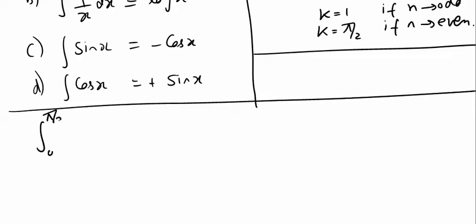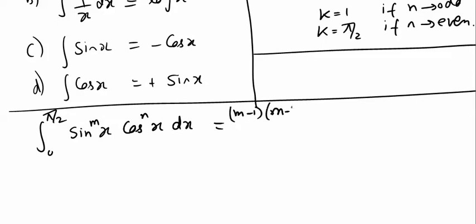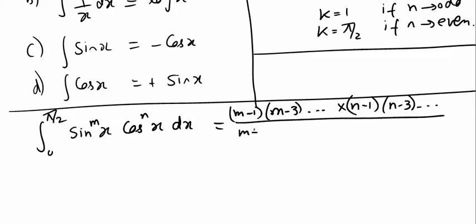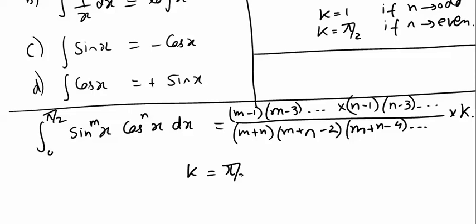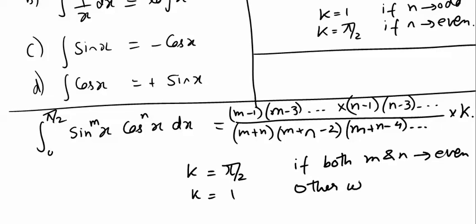Integration from 0 to pi by 2, limits are very important, of sine to the power m x into cos to the power n x dx is nothing but m minus 1 into m minus 3 and so on, into n minus 1 into n minus 3 and so on, divided by m plus n into m plus n minus 2 into m plus n minus 4 and so on, into k, where k is equal to pi by 2 if both m and n are even, and k is equal to 1 otherwise, right?